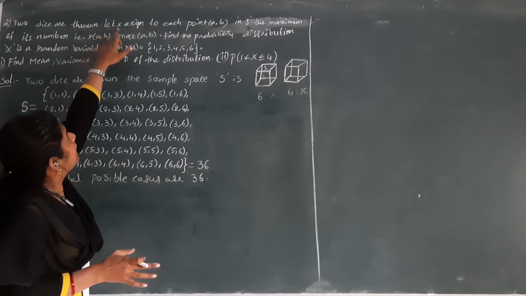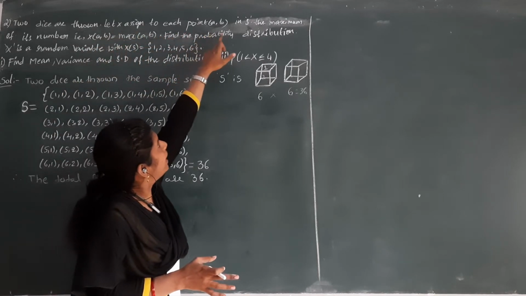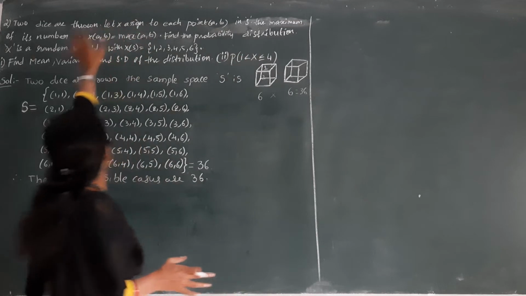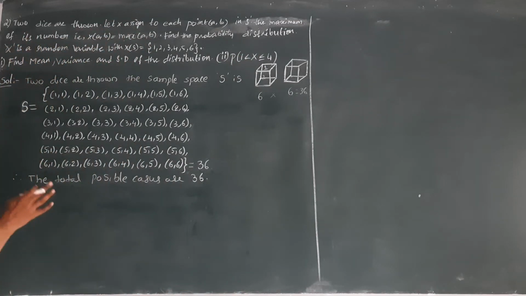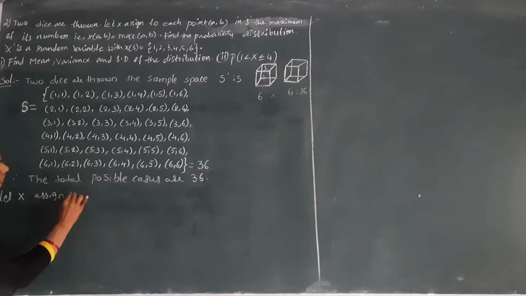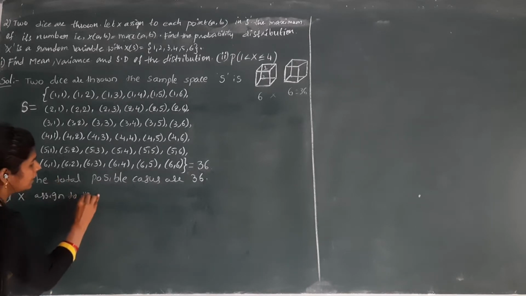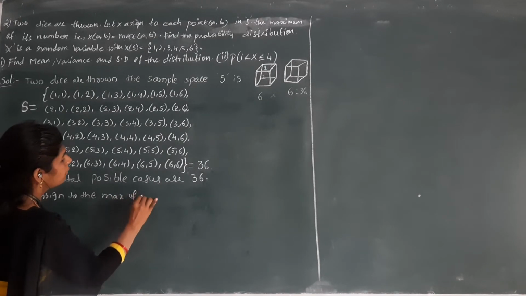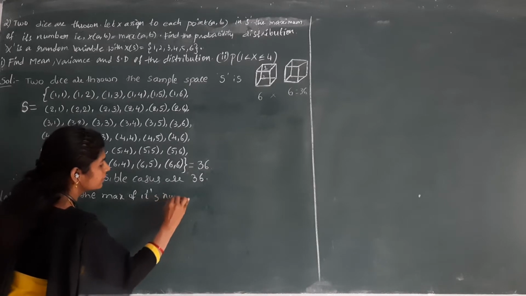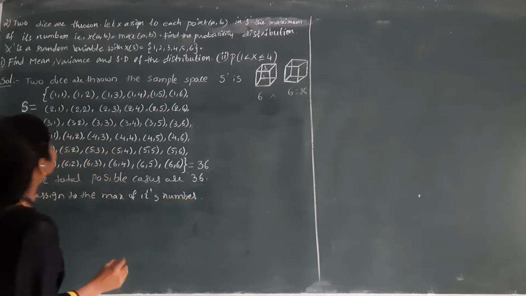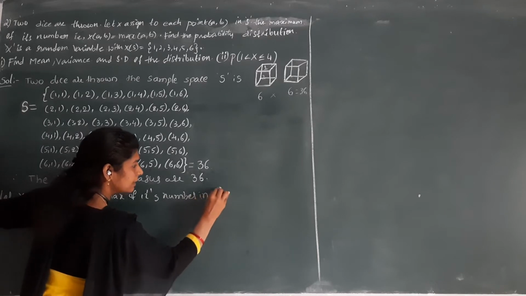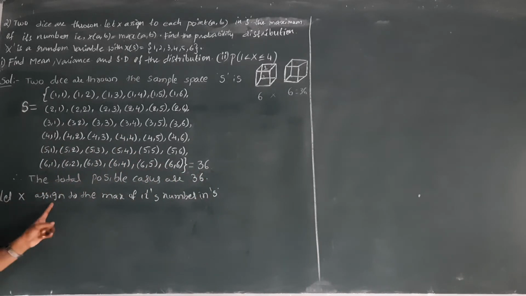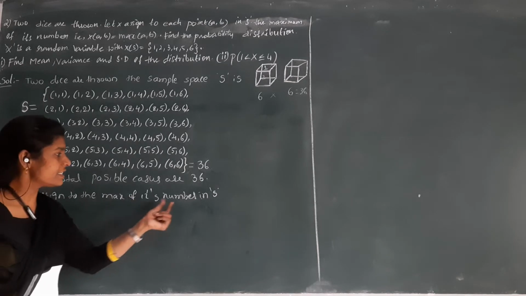Next one. Let X be assigned to each point (a, b) in S, the maximum of its numbers. That means let X be assigned to the maximum of its numbers in S, in the sample space.